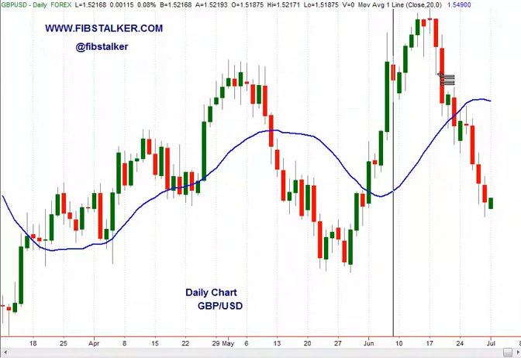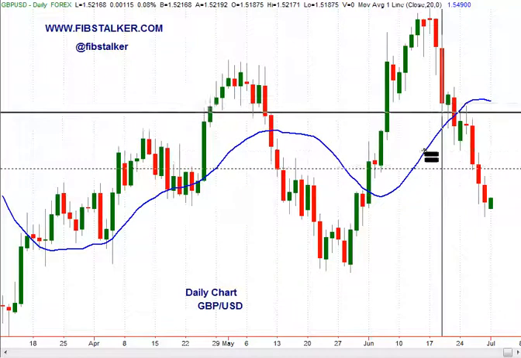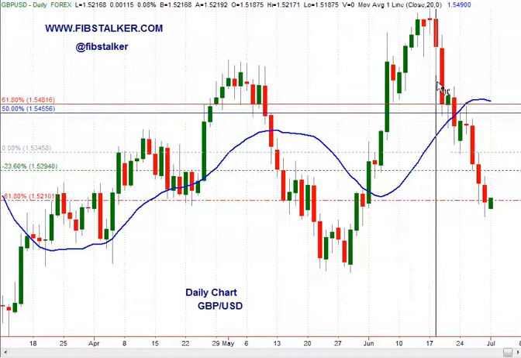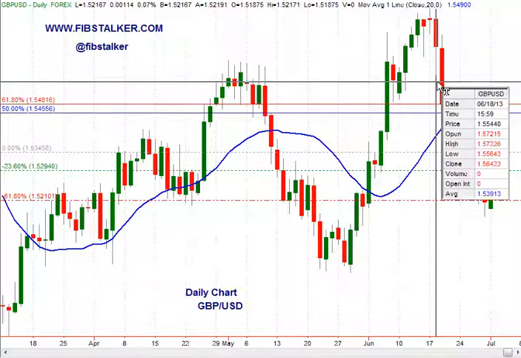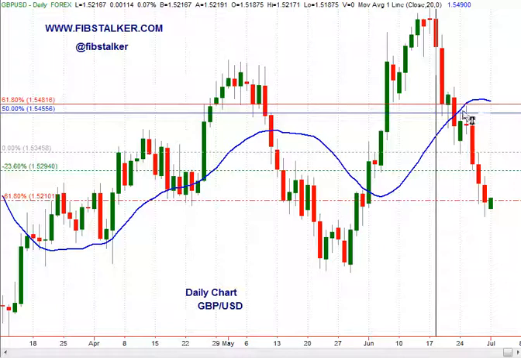It's an extension that we can trace from the June 18th lows to lows, and as we can see, this level was respected, and the 20-day moving average also offered resistance, and price went into this 152.90, 153 area, which saw a little bit of profit taking here, and then continued into and below the 152.10 level here.